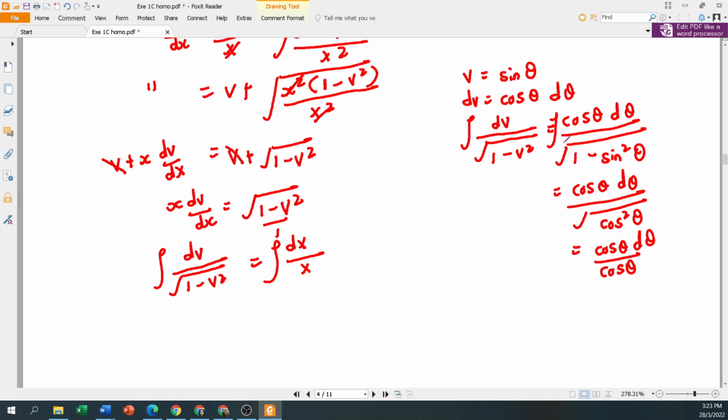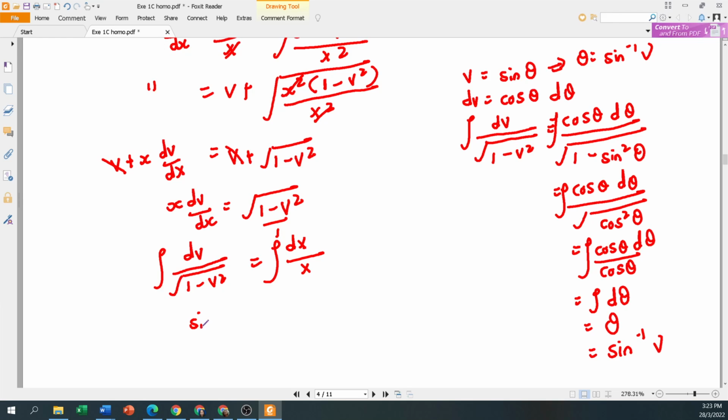So you integrate d theta, and the answer is theta. From here, theta is arcsin v. So for the left side, the result is arcsin v.